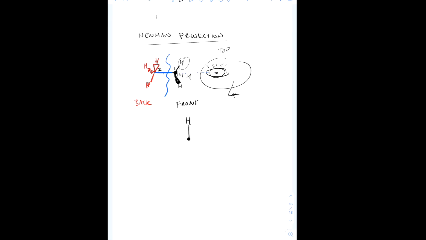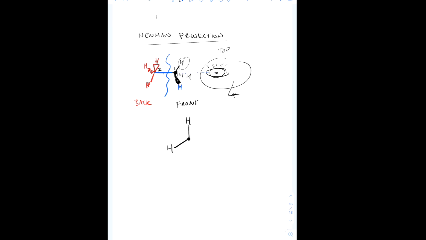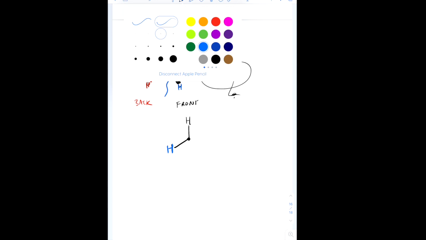If we're looking down that C1-C2 bond, then this wedged hydrogen is actually going to be to our left. And so we're going to draw that to our left. And again, let me highlight this in blue just to indicate that this is the one on the left.